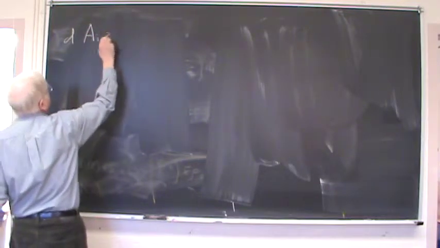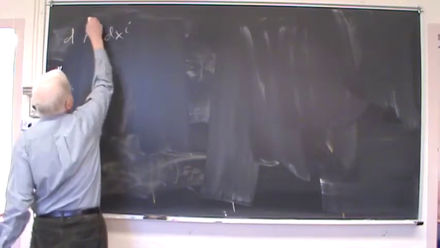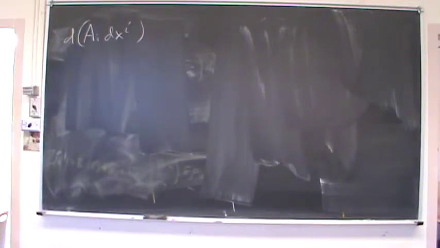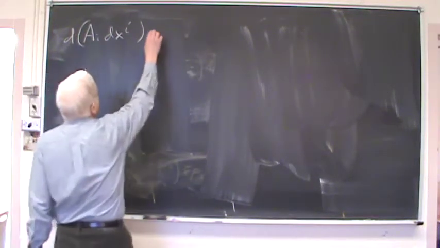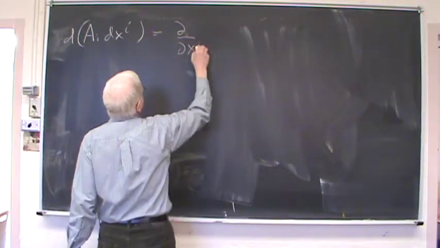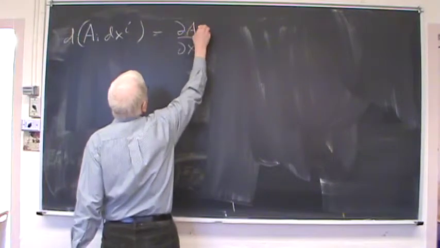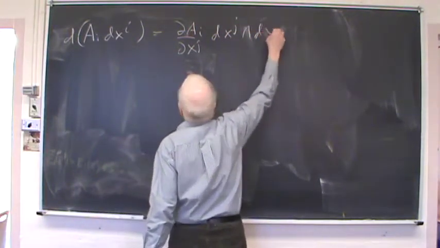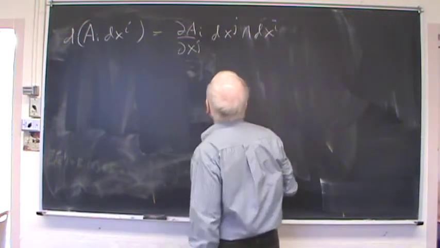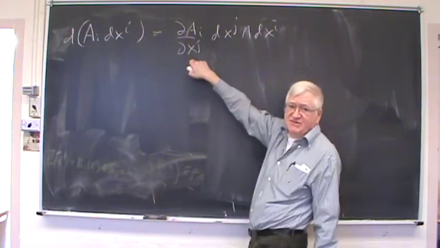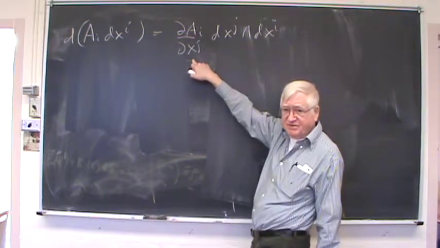So let's do this. Let's apply this exterior derivative to the one form of the electromagnetic potential. So this then will be partial x^j of A_i dx^j wedge dx^i. Well, this thing is anti-symmetric, so it's only the anti-symmetric part of this that contributes.